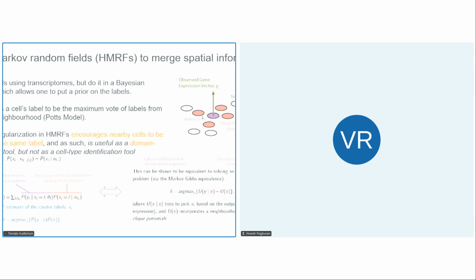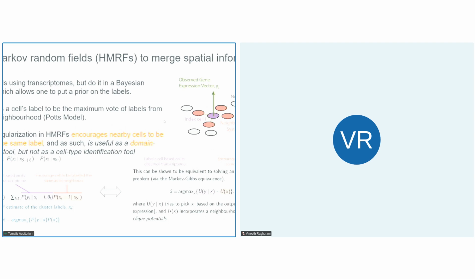The red cells here, whatever cell type label you've given to the majority of these red cells would bias the purple cell to get that label. So you're regularizing the label given to a cell by its neighbors, and that's generally the paradigm within what's called the Potts model in this framework.